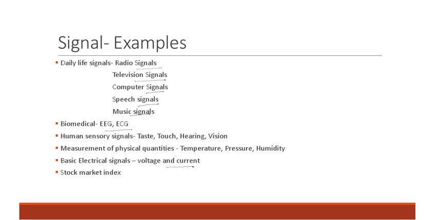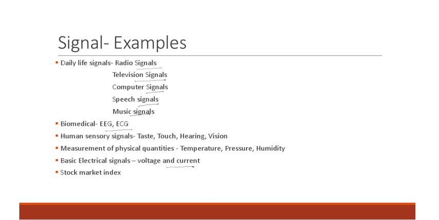Taste. When we eat something, we get signals that reach our brain and we interpret the taste, and hence taste is a signal. Touch, hearing, vision, all these give some signals to our brain, and hence all these fall under the category of signals.